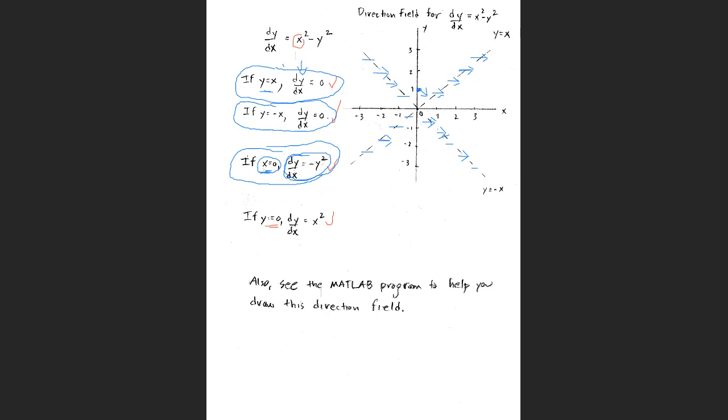What about at this point here? At (0, -1), what would its slope be? That also equals -1. So I'll draw a vector that has a slope of -1. What about here at (0, 2)?